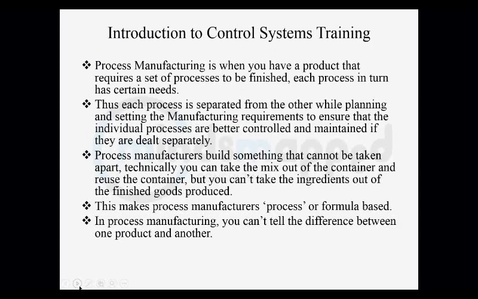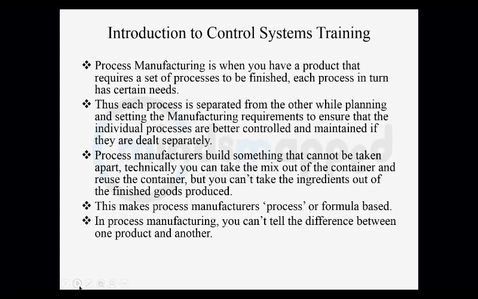Now we come to a few points on process manufacturing. Process manufacturing is when you have a product that requires a set of processes to be finished. Each process in turn has certain needs, so you have to follow a few steps. At the end of each step, you obtain some product, which you then further subject to another process and keep on refining until you get your final finished product.